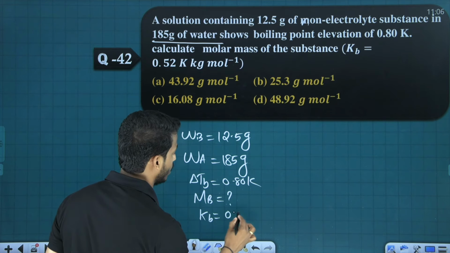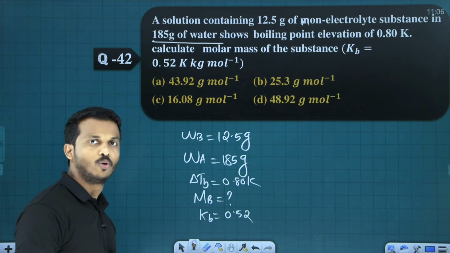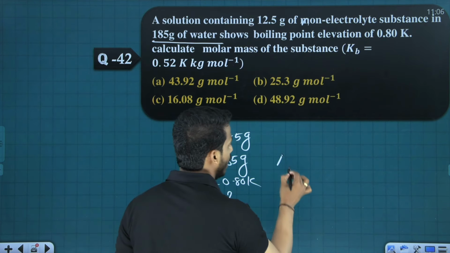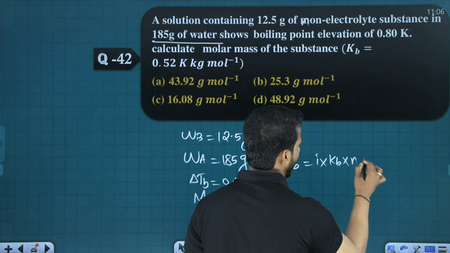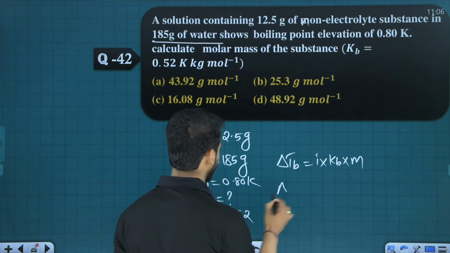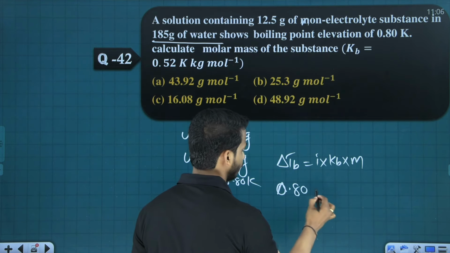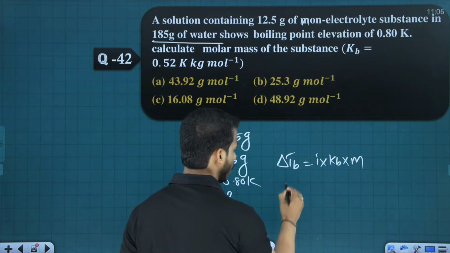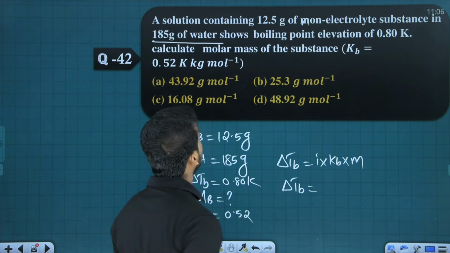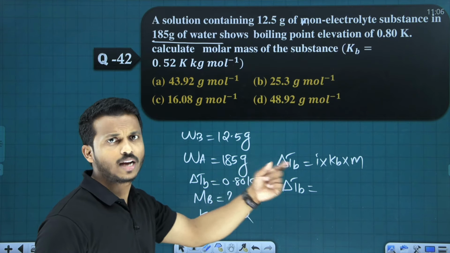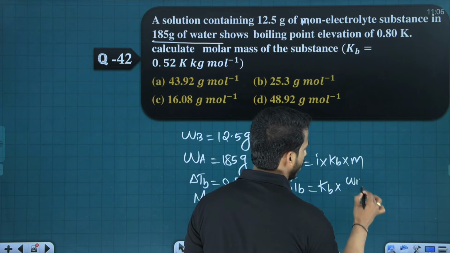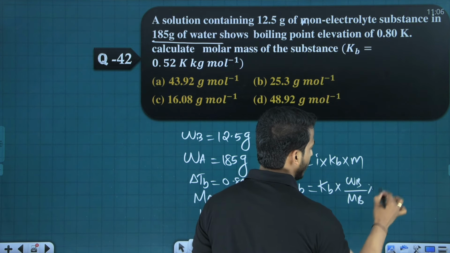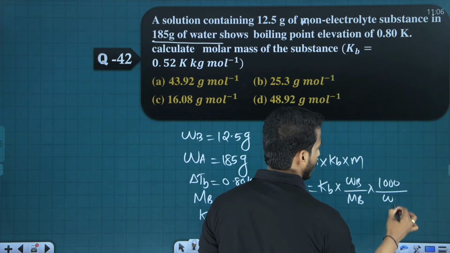KB is already given, 0.52 Kelvin kilogram mole inverse. Directly use the equation: delta TB is equal to i into KB into molality. We know delta TB is given, 0.80. What is i value? They said non-electrolyte, so i value is 1. So KB into molality, and the molality expression is WB by MB into 1000 divided by WA.